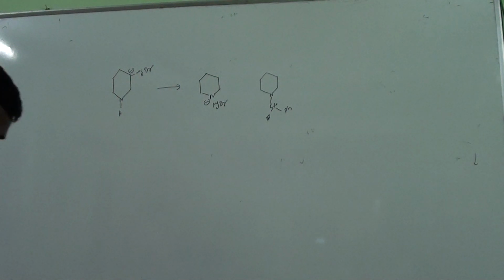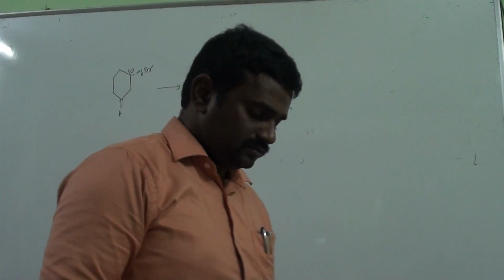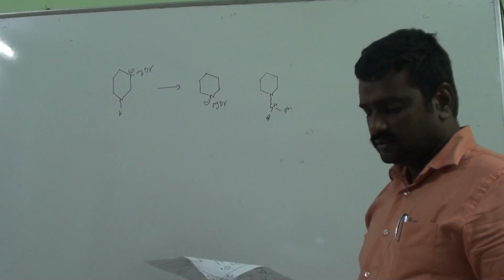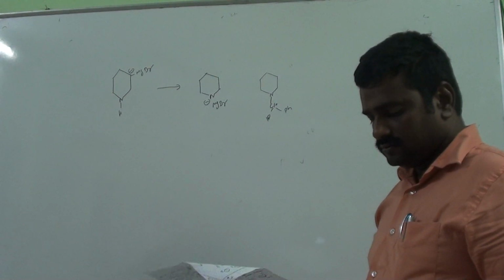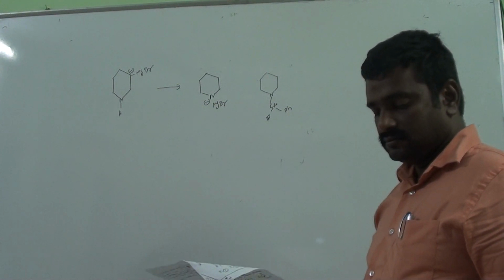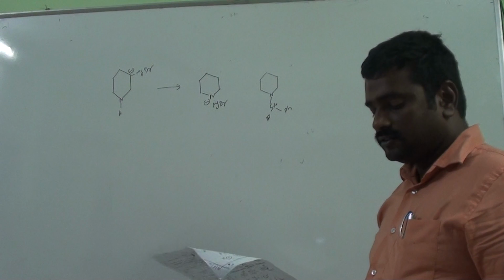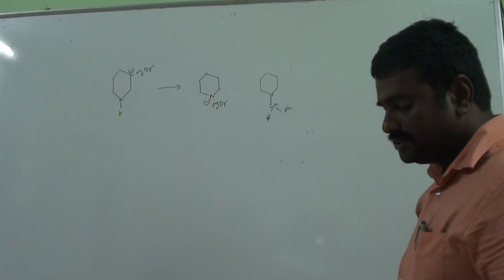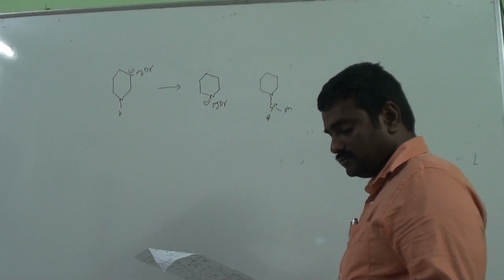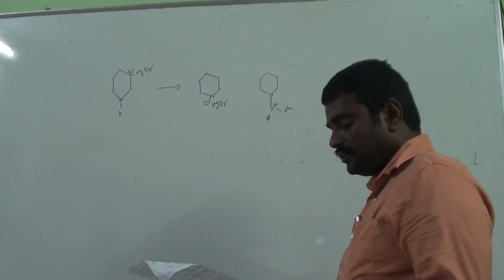Next one, Mg ether. Okay. So what will you get? Formaldehyde and H3O plus. So Mg ether will attack the ester also. Will attack what group?